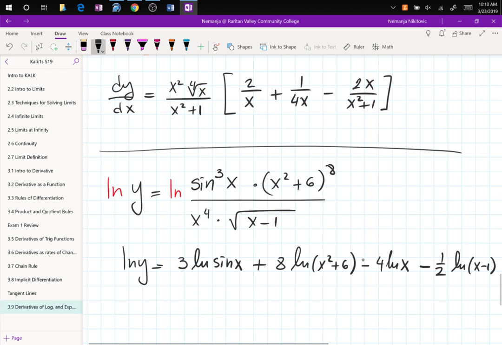I understand that you see a product between x to the 4th and the square root, but it's still in the denominator, so it's a minus, because the expression on top with sine is divided by x to the 4th, and it's also divided by the square root, which is why both of those terms in the denominator have a minus each.